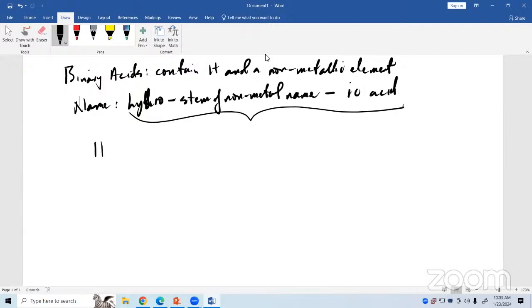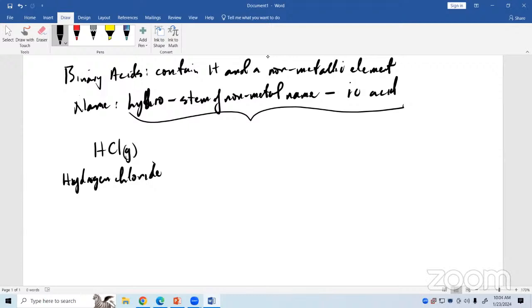There's this compound known as HCl. Now HCl, if you were to name this before adding it to water, it's a gas. The name of this compound is hydrogen chloride. All right, now let me just say something about this before I move on to the name of the corresponding acid. Whenever you have hydrogen bonded to a non-metallic element, some of the rules that we covered concerning binary molecular compounds will not apply here.